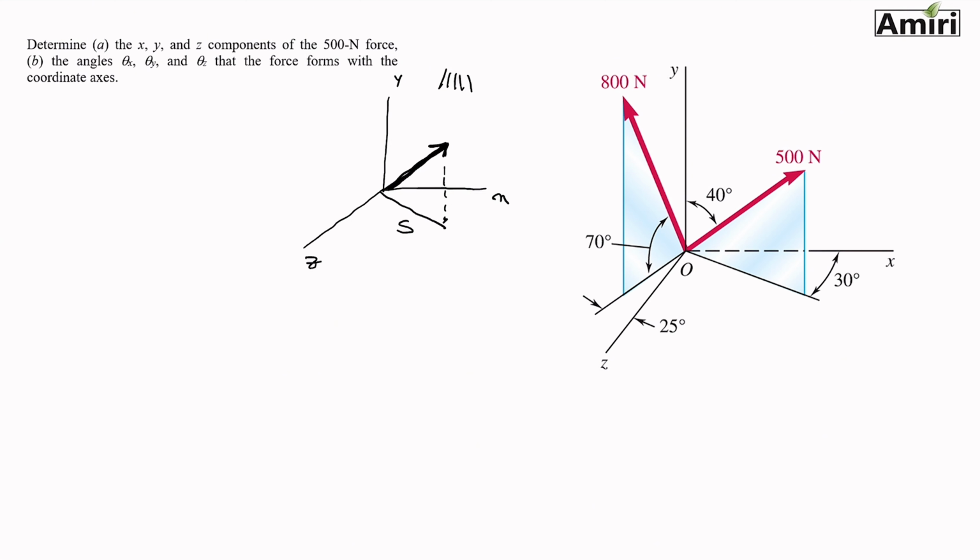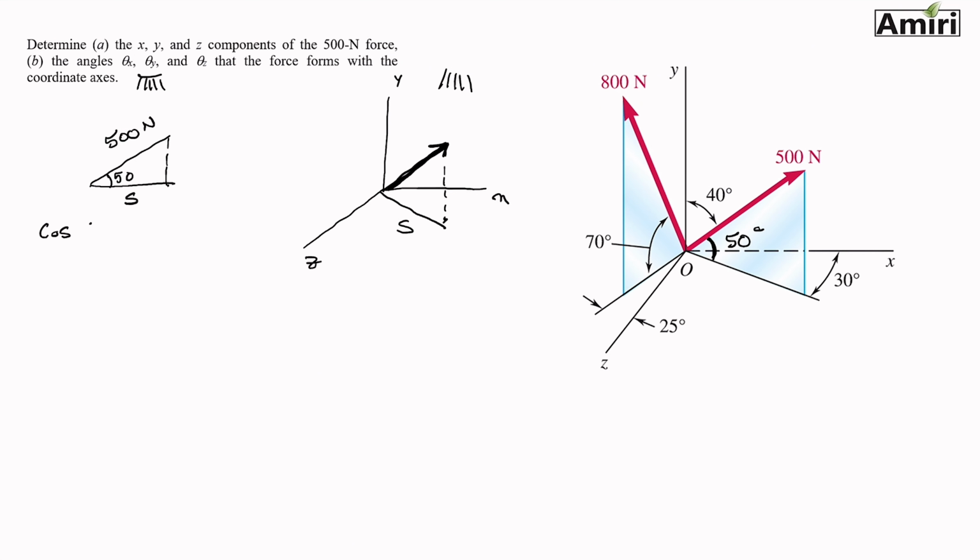We'll call it S. So I'm going to look at this S. It looks like this: 500 newtons. This is the shadow. So the light comes from the top. It's making a shadow. This is the S. I'm just looking at the perpendicular. This angle here, if this angle is 40, that means this angle here is 50. So let's see.